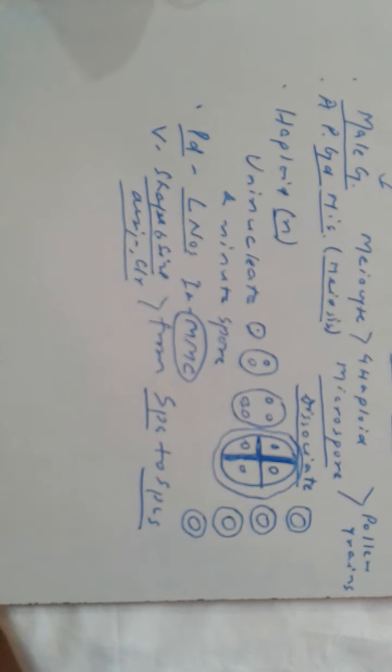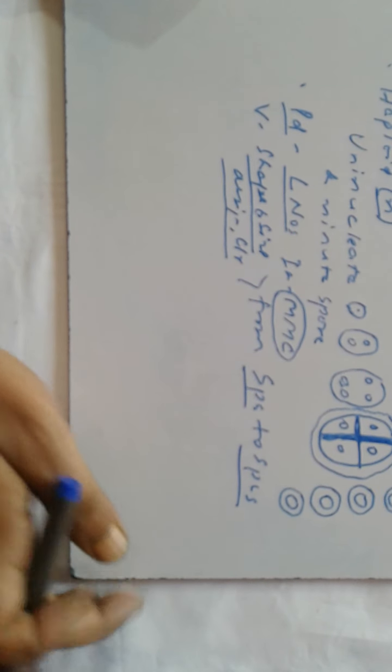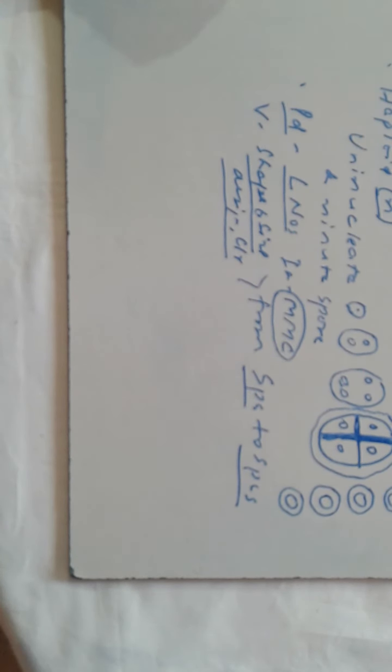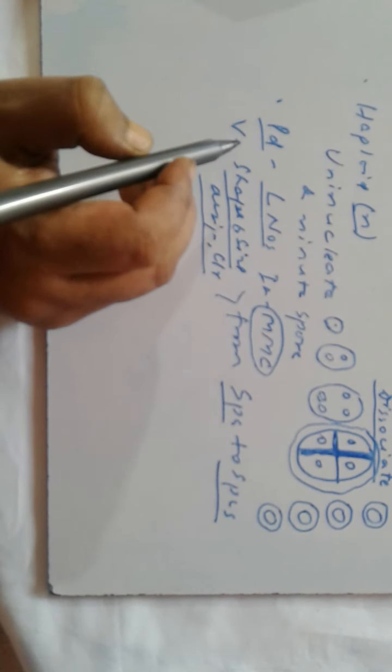Now this pollen grain is made up of two layers. What are those two layers? Let us draw a figure first.